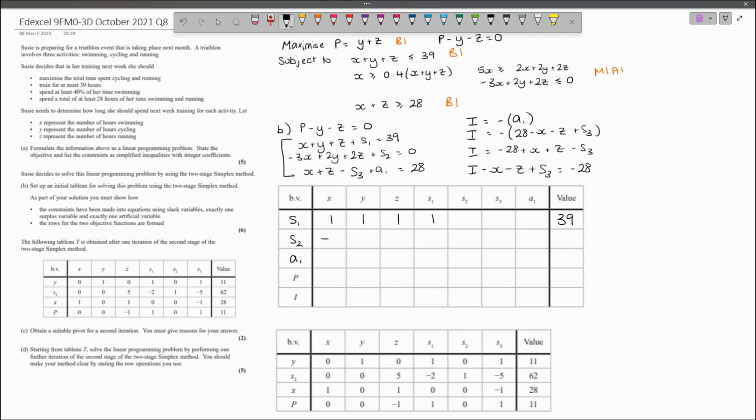I'm going to get negative 3x plus 2y plus 2z plus s2 is equal to 0. And I'm going to get 1x plus 1z subtract 1s3 plus a1 is equal to 28. And I can fill everything else in with zeros.